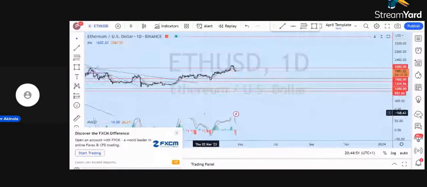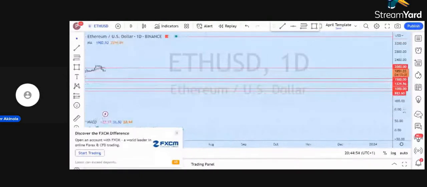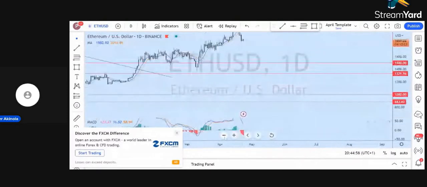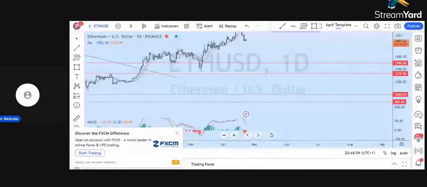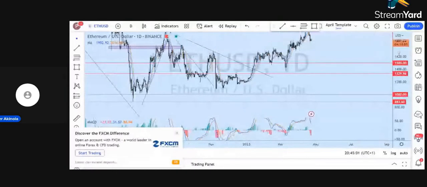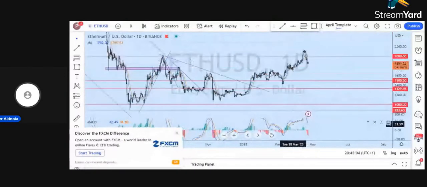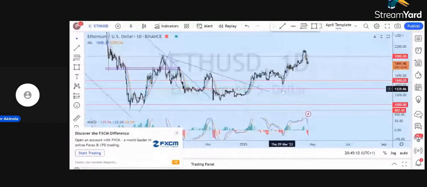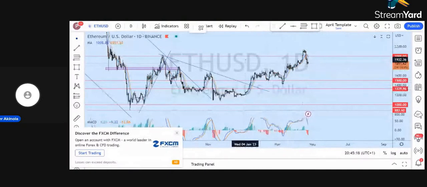So all we need is to count the market structure on this. This is the low, this is the high, this is the higher low, this is the higher high. We are experiencing another higher low, which we are expecting to come. Let's just extend this instead of doing another one.